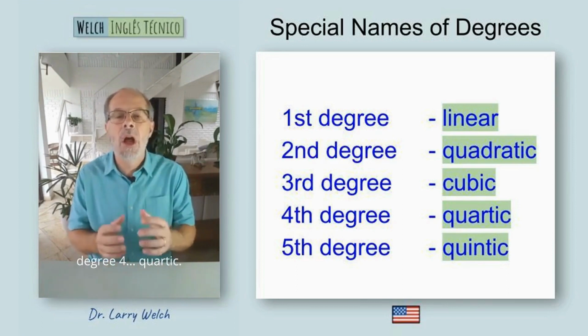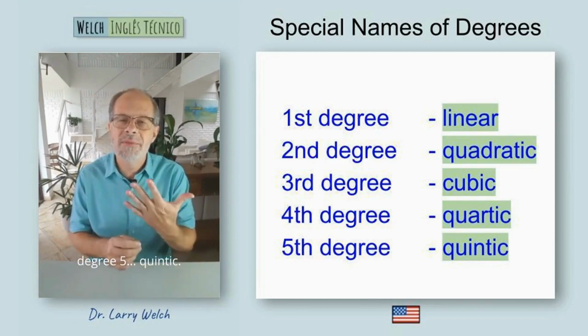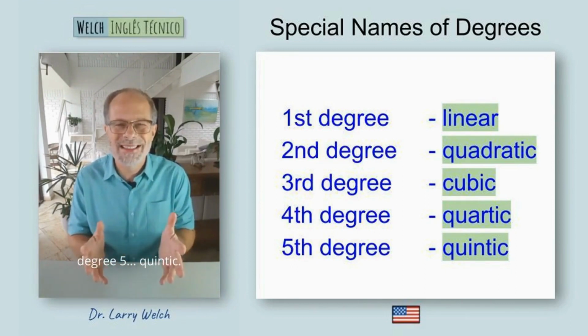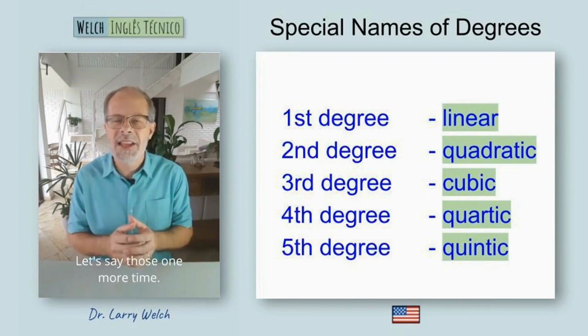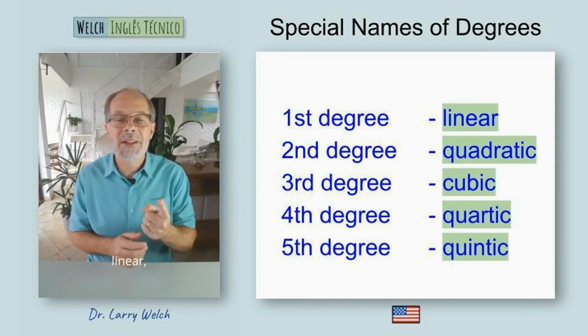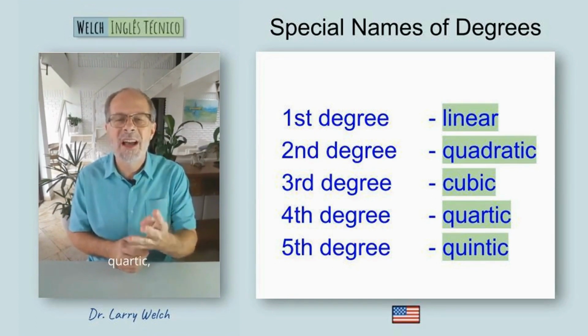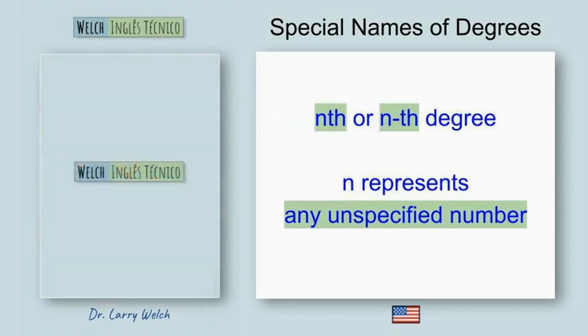Degree 4, quartic. Degree 5, quintic. Let's say those one more time, okay? Linear, quadratic, cubic, quartic, and quintic.